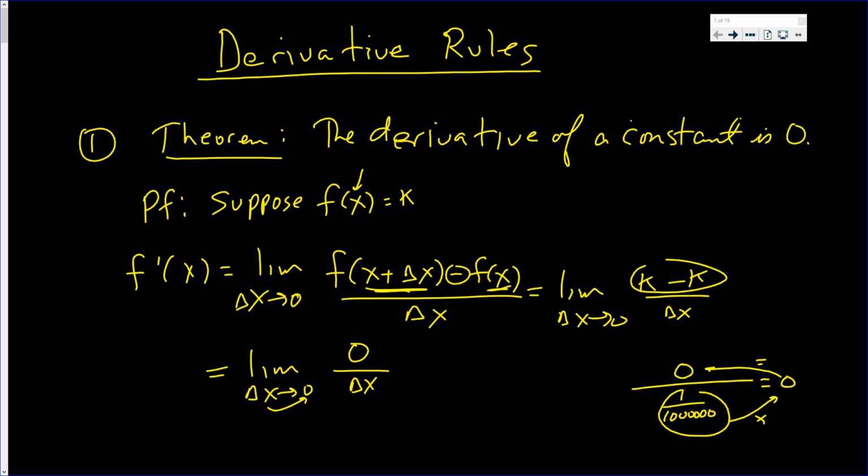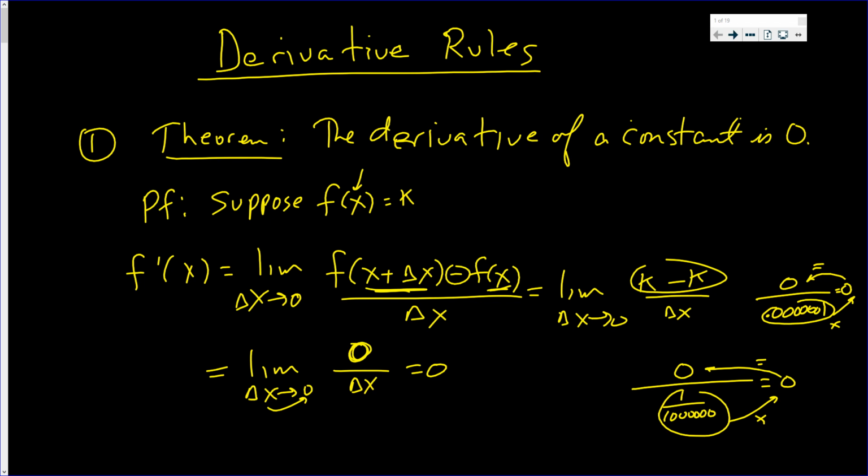Some people may like to write a small number like this, 0.00001. Well, there's only one number to multiply this by to get back 0, and that answer is 0. So the top is 0 and the bottom is not 0.